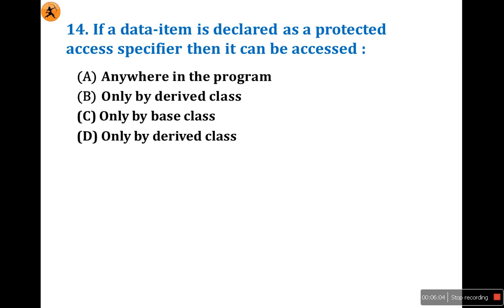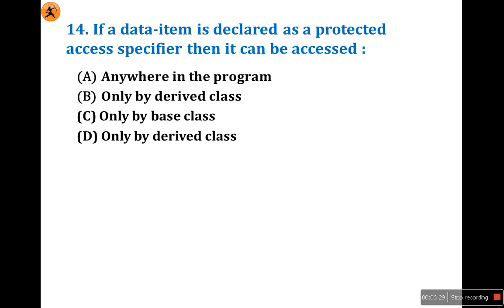If a data item is declared with the protected access specifier, then it can be accessed: protected data, protected access specifier, it is accessed in the base class and also in the derived class. Only the public access specifier can be accessed in the base, the derived and also outside the class.